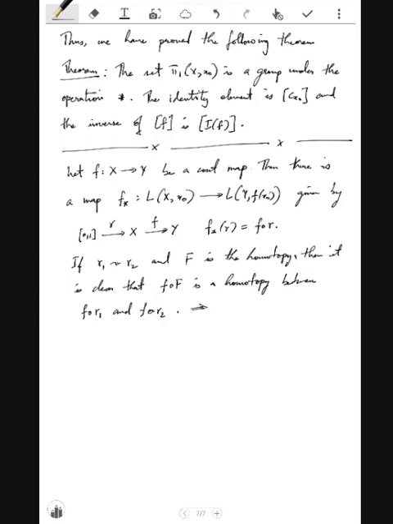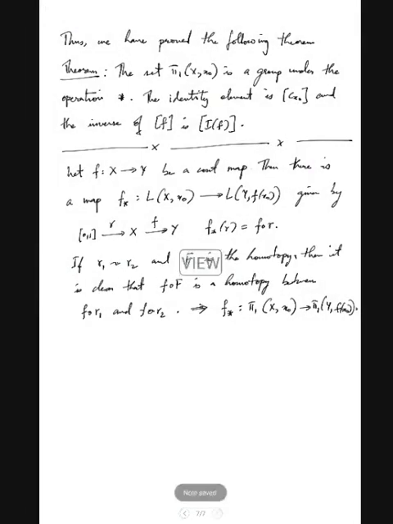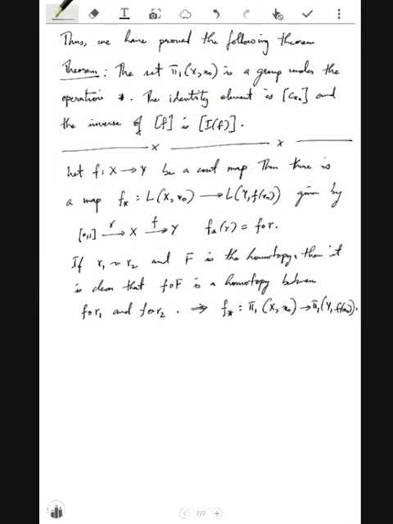So this implies that f lower star descends to give a map of sets. And there is this obvious proposition which follows from the definition.